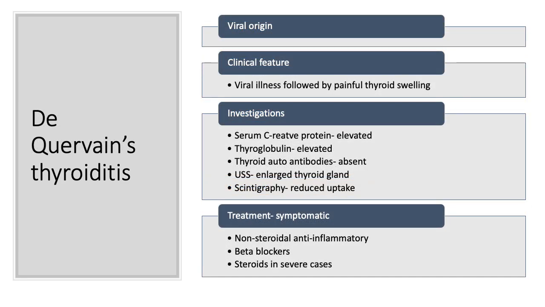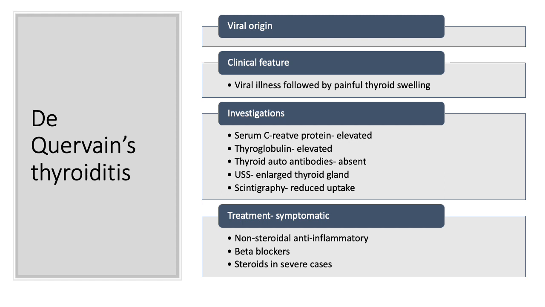The common example of subacute thyroiditis is De Quervain's thyroiditis. It is due to viral infection. So, if any patient presents with a history of viral illness followed by painful thyroid swelling, we have to suspect De Quervain's thyroiditis. In investigations, the serum C-reactive protein and thyroglobulin are elevated.